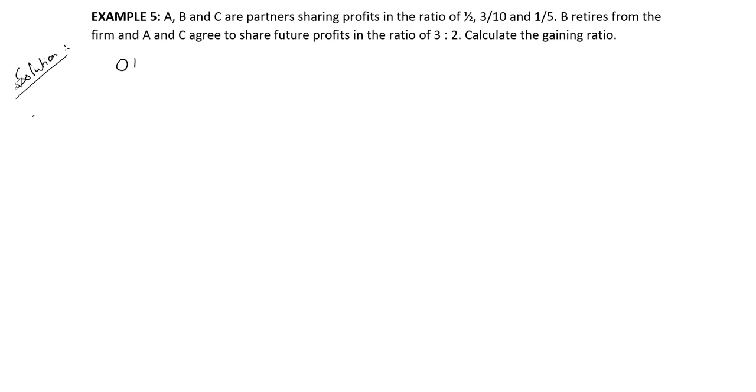As per the question, the old profit sharing ratio between A, B and C is equal to 1/2 is to 3/10 is to 1/5, which can be written as 5:3:2.